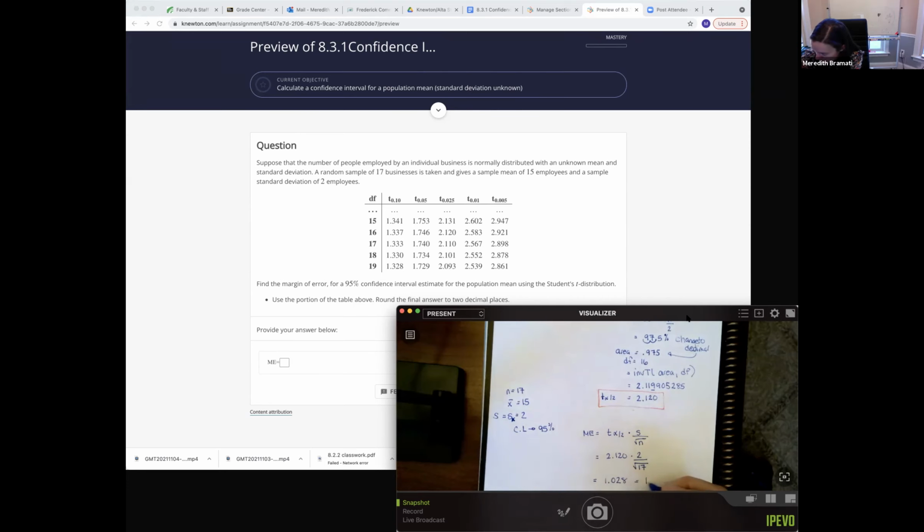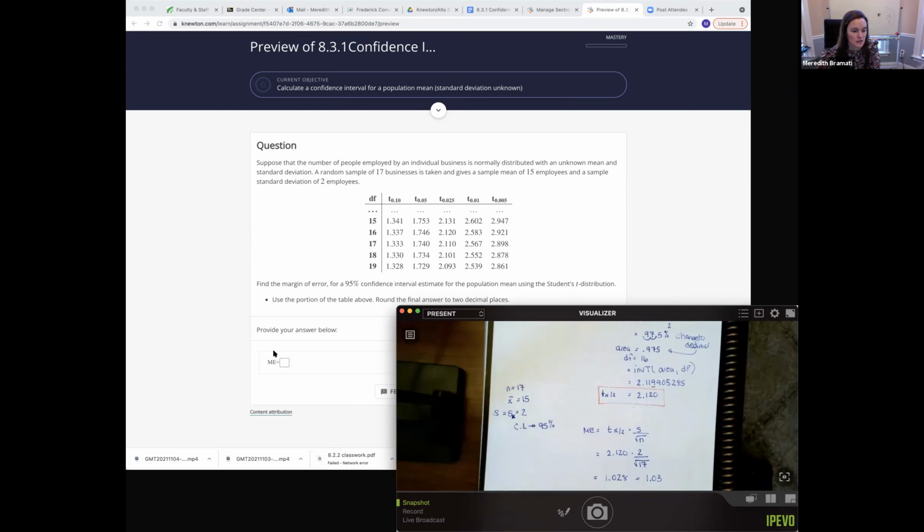And it wants it to 2 decimal places, so 1.03 is what our answer will be. Did anybody not get that or need me to show you on the calculator how to get that? Okay. Now that's our margin of error.